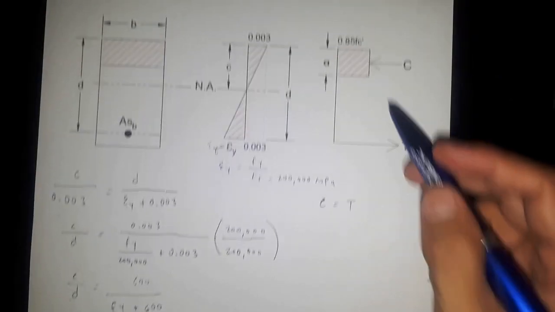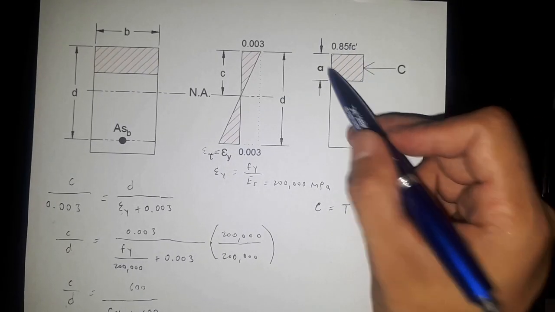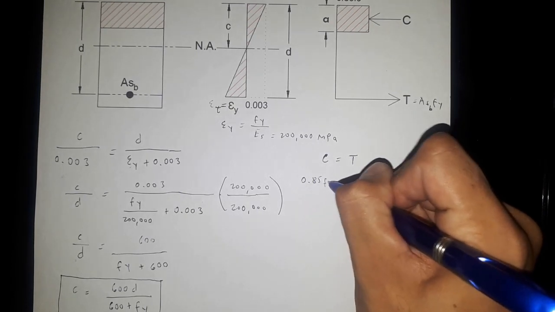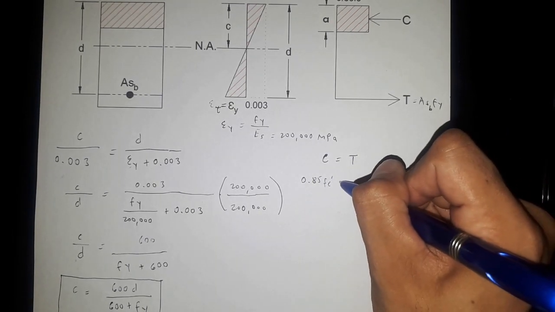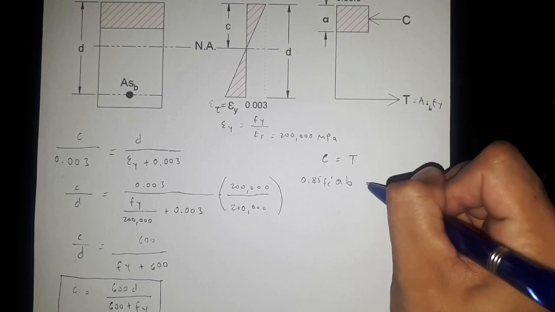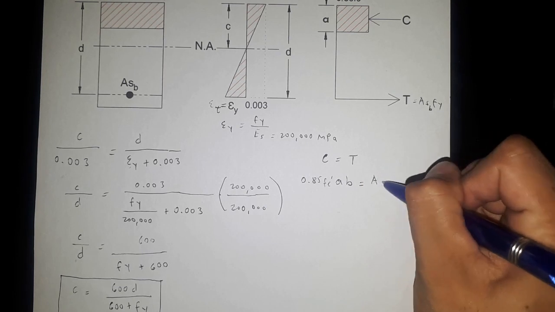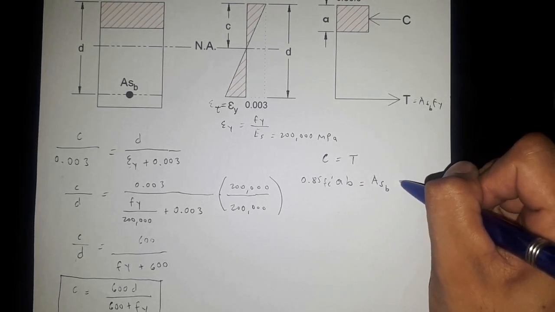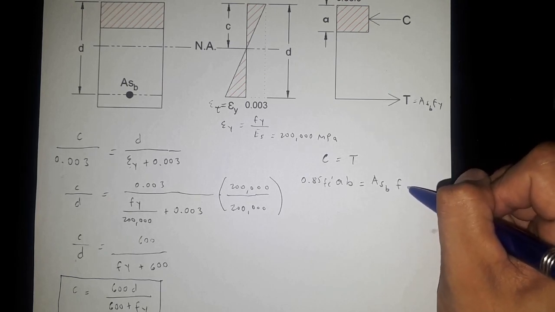Wherein yung C natin is ito, stress times area. So, 0.85 Fc prime multiplied by AB is equal to AS balance times Fy.